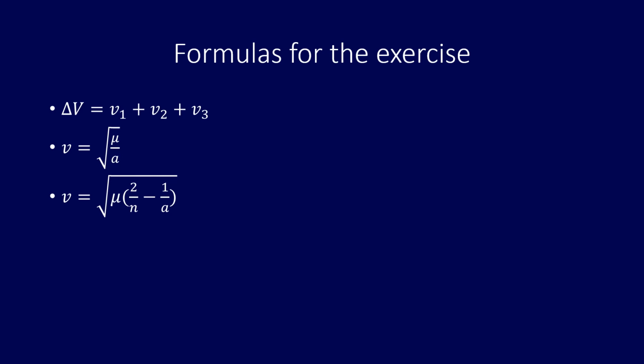So from here you can find V at periapse and V at apoapse, and from there you can find how much velocity you have to add in order to make your elliptical orbit reach the geostationary orbit. That is going to be a 2830 meters per second change in velocity.